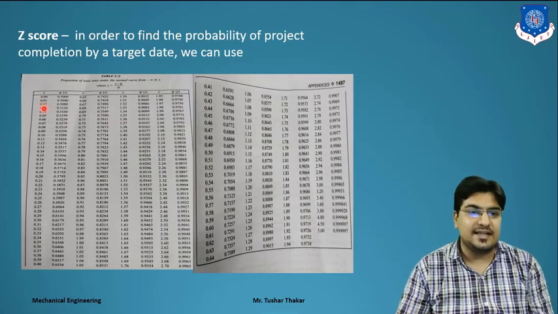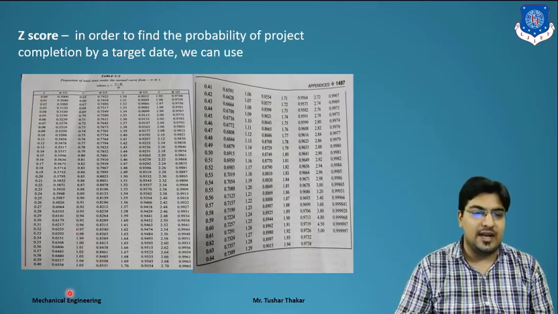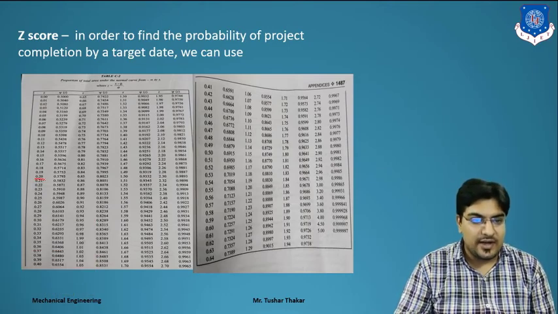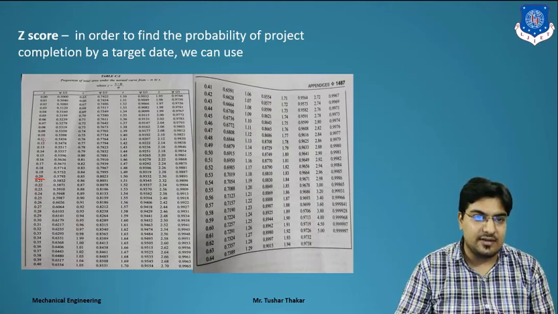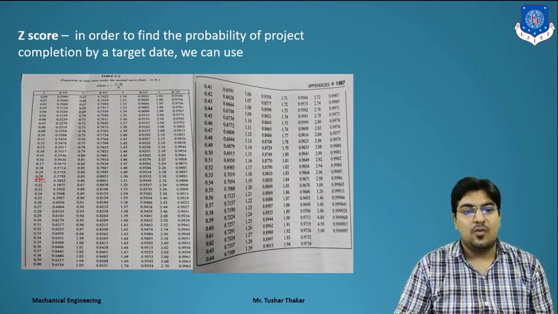Suppose, let's take an example. Suppose we calculate the Z-score and get a value of 0.20. So we consider 0.20 as the Z value. At 0.20, what is the probability?